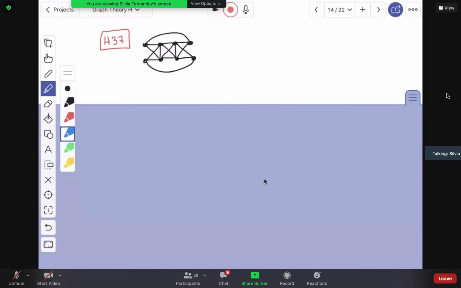A Hamiltonian cycle just means a cycle that passes through every single vertex exactly once. As if these vertices were cities that you're visiting, the edges are roads, and you want to visit every single city once and come back to your original place.